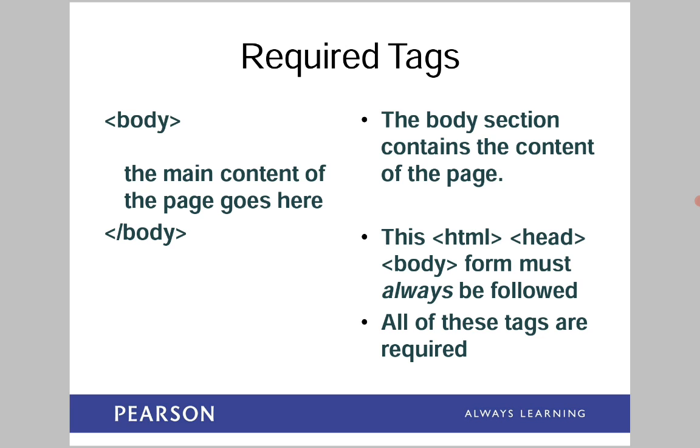Generally it is the main content or the main information of a page. All the content of a page is generally written in between the <body> and </body> tags. So the body tag means the main content.